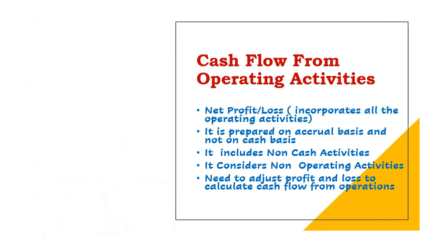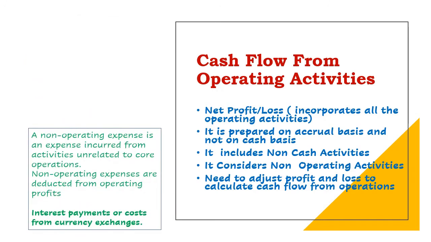Next is non-operating activities. These are the activities which are not related to the core operations of the business. These include expenses like interest payments or costs from currency exchanges. Non-operating expenses are deducted from the operating profit.